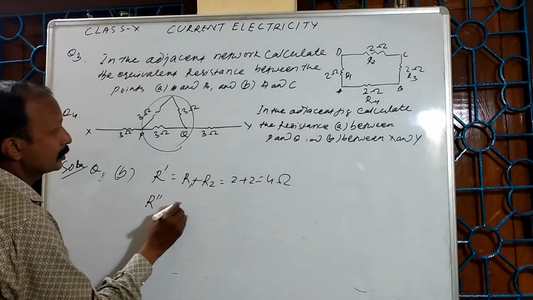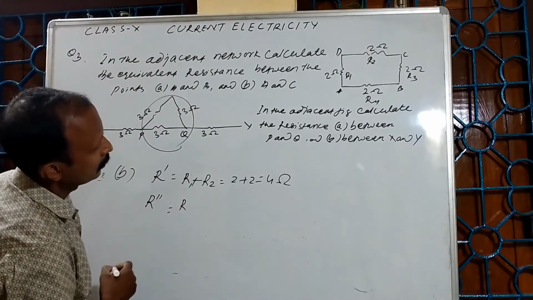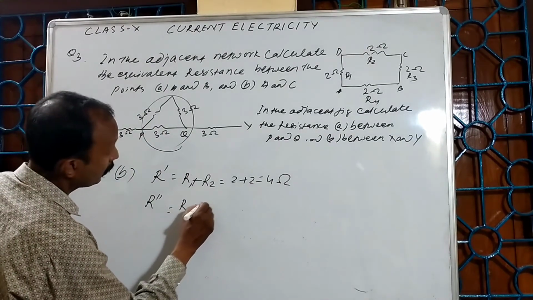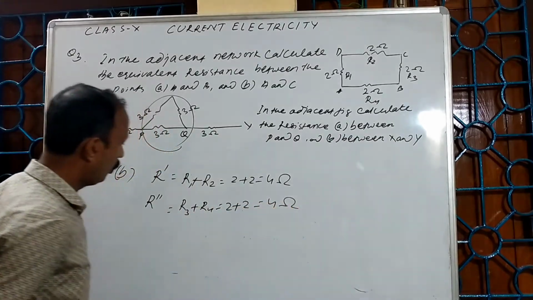Similarly, R double dash, these two are also in series, R3 plus R4 is equal to 2 plus 2 is equal to 4 ohm.